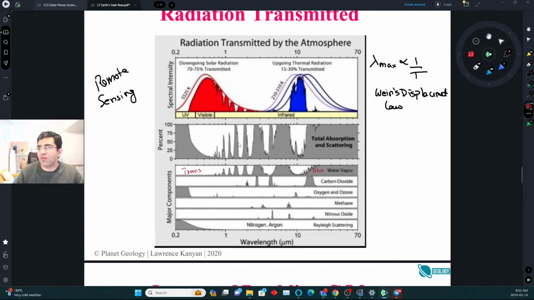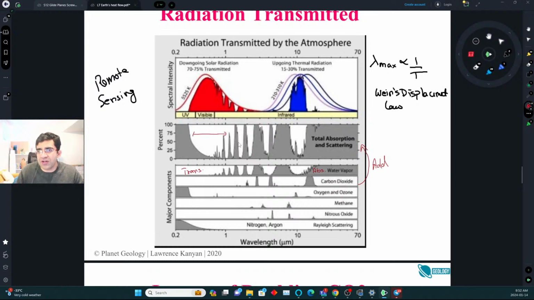Now if you add all these up together, this is the figure for the total atmosphere. For the incoming radiation, there is some absorption here as well, so everything you see in white is not coming through.